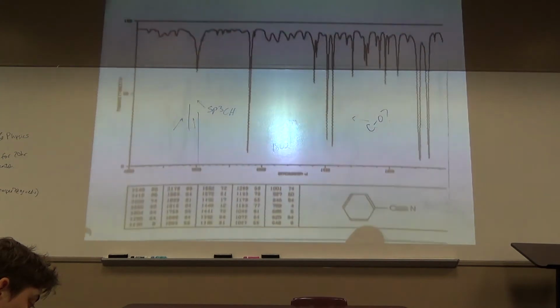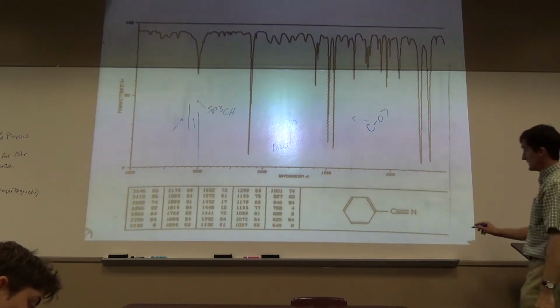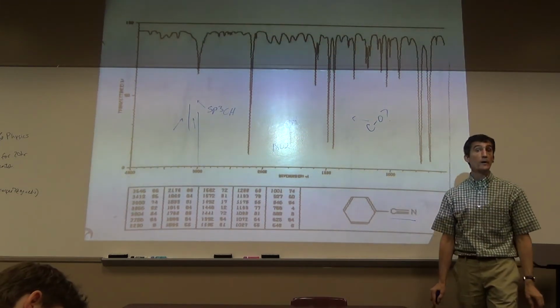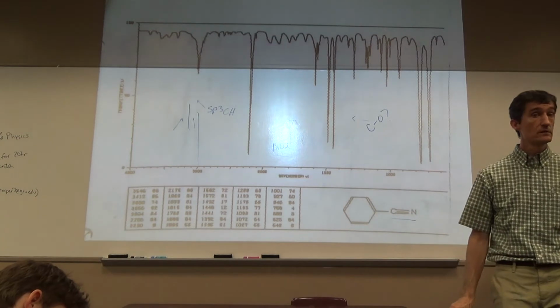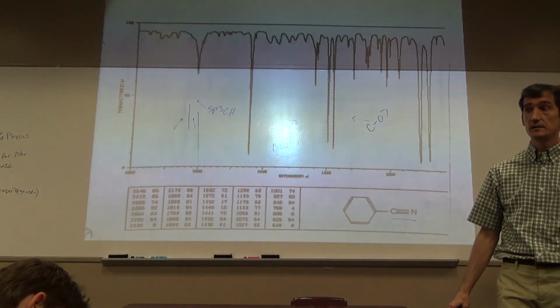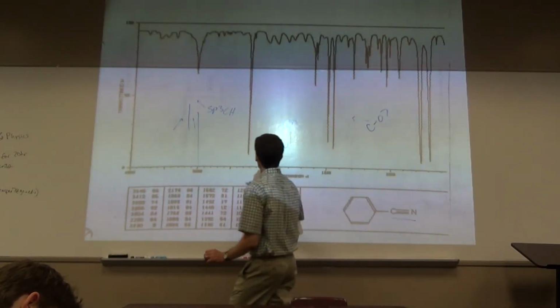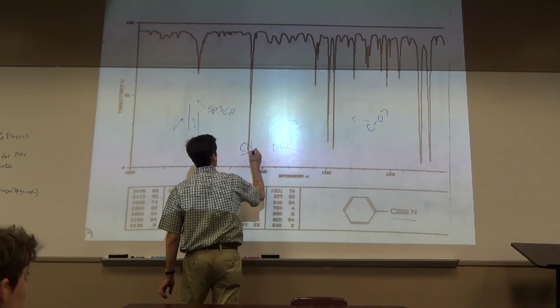We have another functional group, the CN, the nitrile, or the cyano group. Where does it give a peak? Triple bond region, 2200? Yeah, 2200, 2250. So that's it right here.